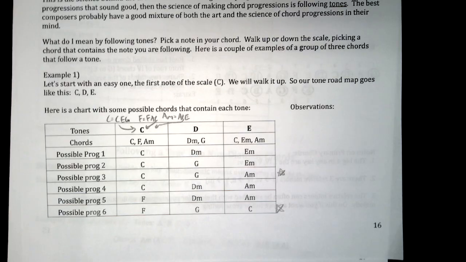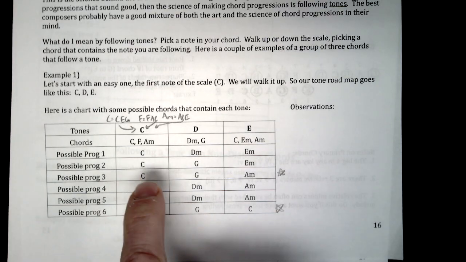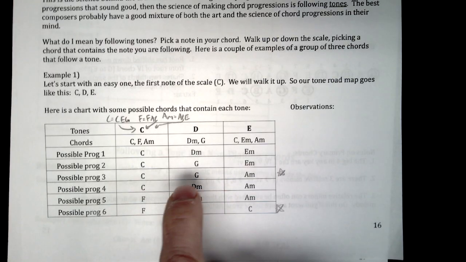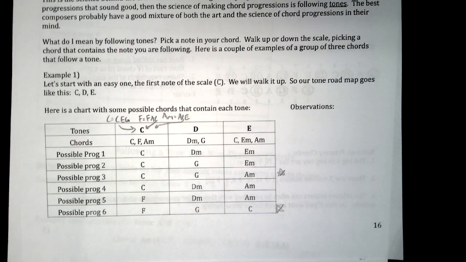Some of them sound just a little bit outside the lane. I might go to progression 4 with only the 1 that's outside. Only the D minor is outside the norm. That one sounded pretty good too.